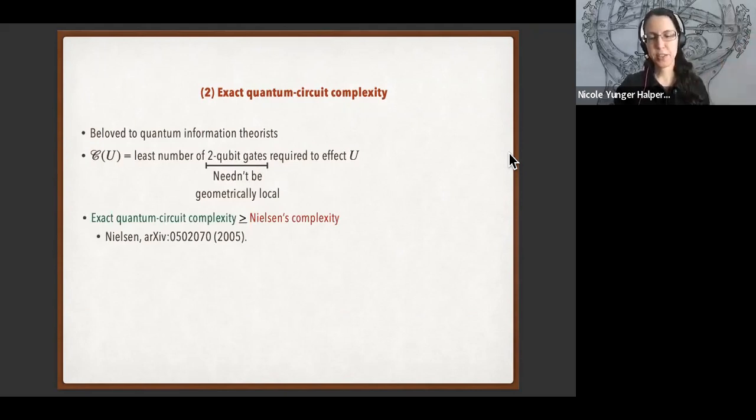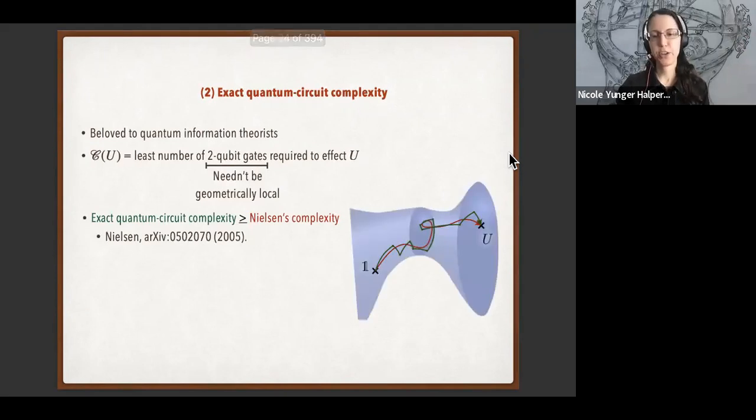We can understand intuitively why through this picture. Here is the origin in the space of unitaries, and here's the unitary that we want to get to. This smooth red path represents the trajectory traced out in Nielsen's picture, and this jagged green line represents the path traced out by a circuit.